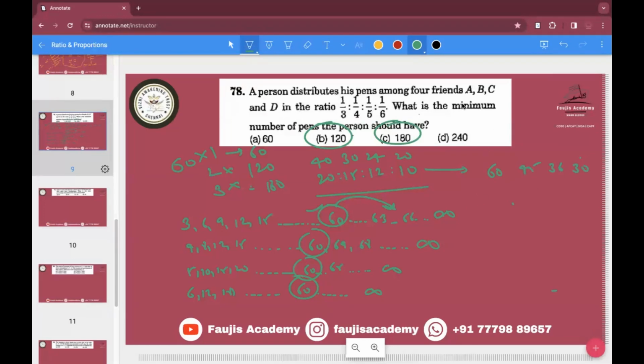But they're asking you the minimum, so that's why we'll go ahead with this. The first common multiple is 60, which is the lowest common multiple, LCM, which is what it stands for. All others, into 2, into 3, into 4, will be your common multiples. Right, guys? Yes, sir. I hope I answered you.